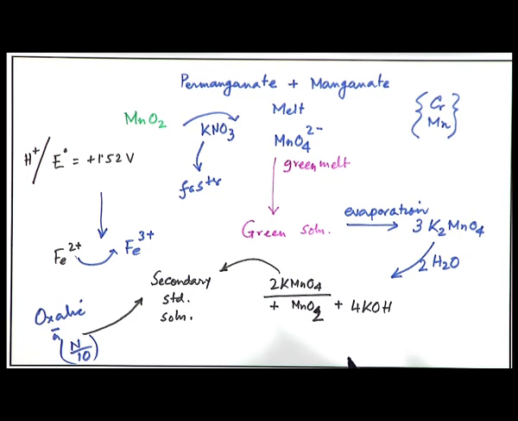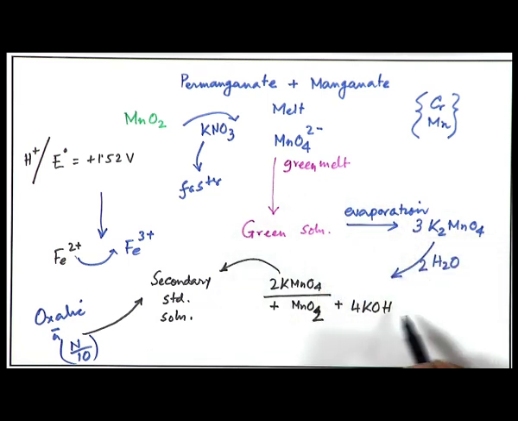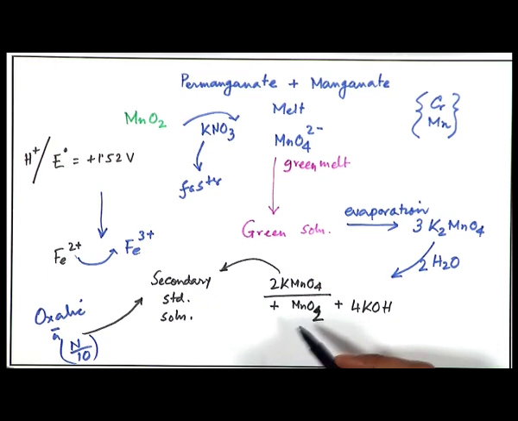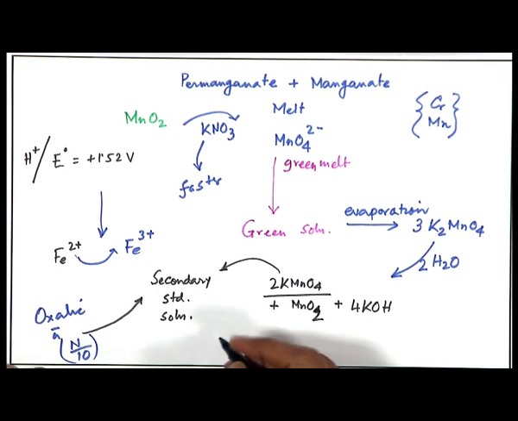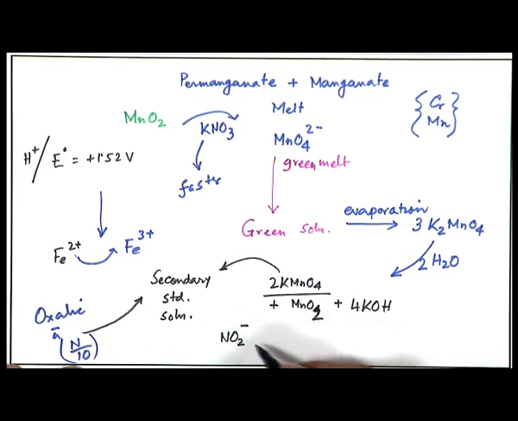In faintly alkaline medium, which gives rise to the formation of MnO2 and KOH, the permanganate can directly give you MnO2 in the faintly alkaline or the neutral medium, but your E0 values are different. So, this can also be used to oxidize important species like nitrite. We all know that nitrite is a very important species to study.